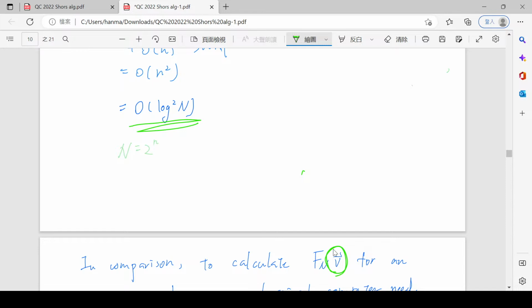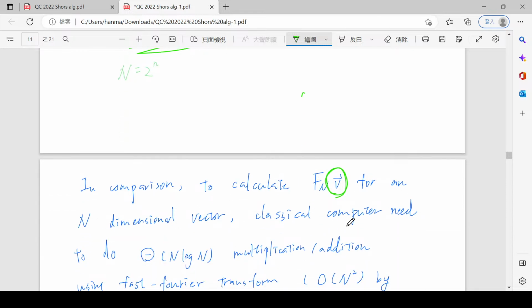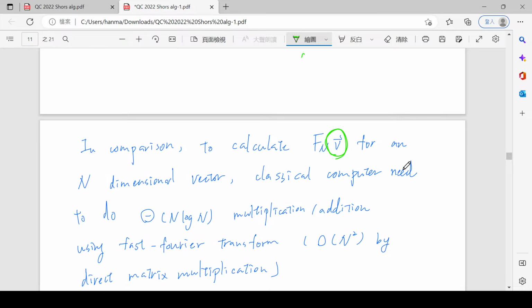If you want to compute all the components of this vector, then it can be shown that you need theta of N log N operations, that is, number of multiplications and additions. That's what you do. And the classical algorithm that can achieve this bound is called the fast Fourier transform.